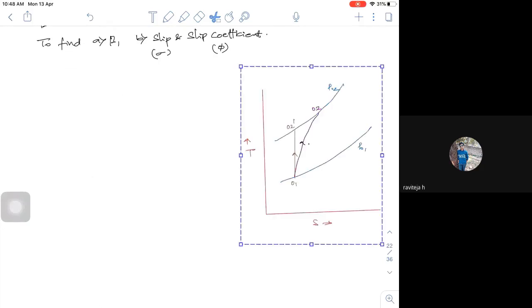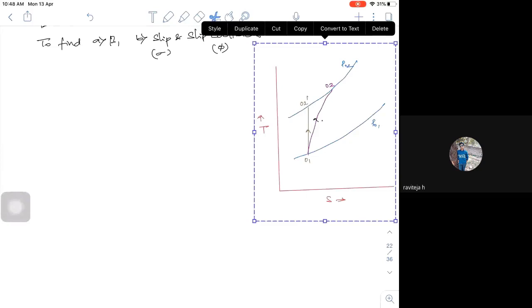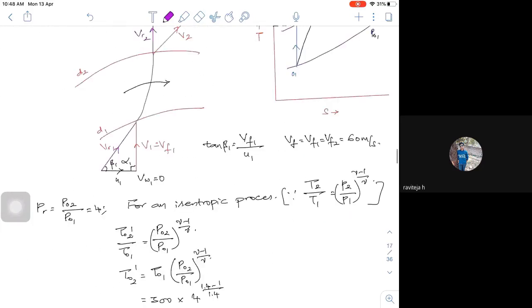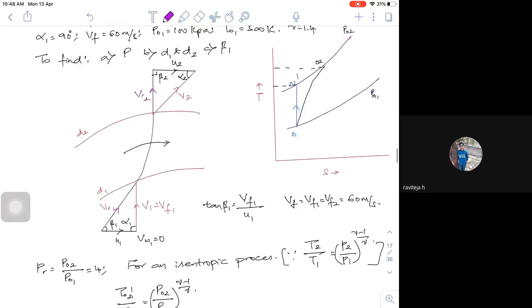But here my velocity triangles are going to change a little bit, because even though the first condition is very similar to the problem where beta 2 is equal to 180, because of the slip, we have to look at what will happen. If I put the corresponding velocity triangles for this, it is very similar to the first problem. It's something like this.